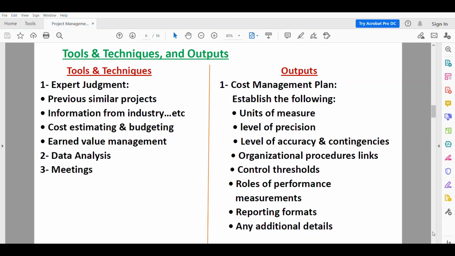And the second tool is the data analysis. And the third one is the meetings. The data analysis techniques that can be used for this process include, but are not limited to, alternative analysis.